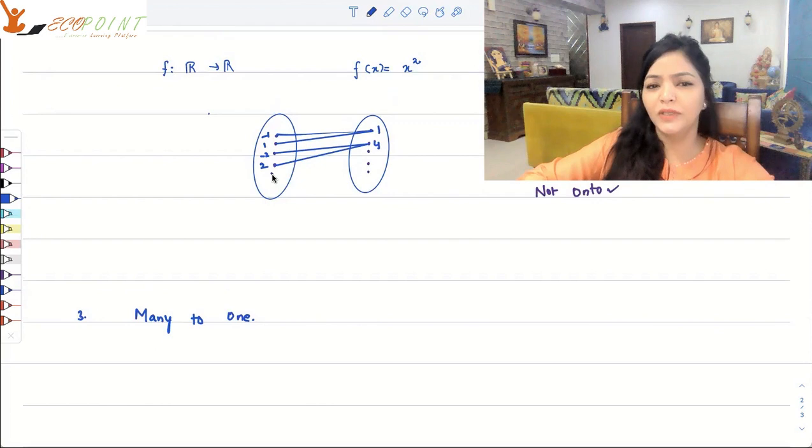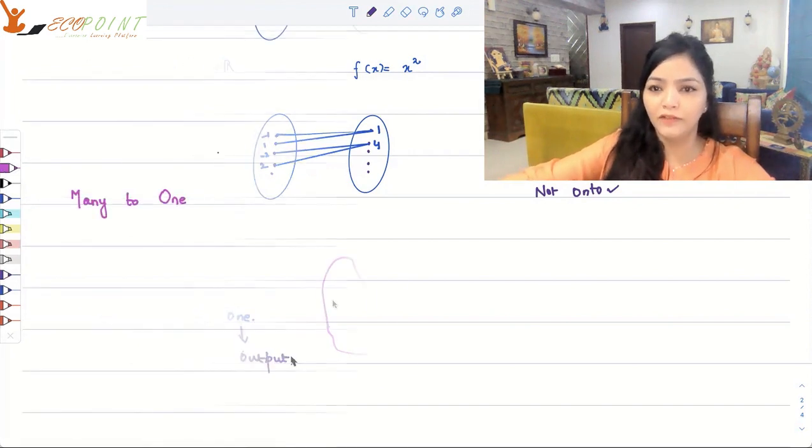So what's happening here? 2 entries are going to 1 entry. This is called a many to one function. Clearly, as the name suggests, many inputs getting mapped to one output. That's what is a many-to-one function.